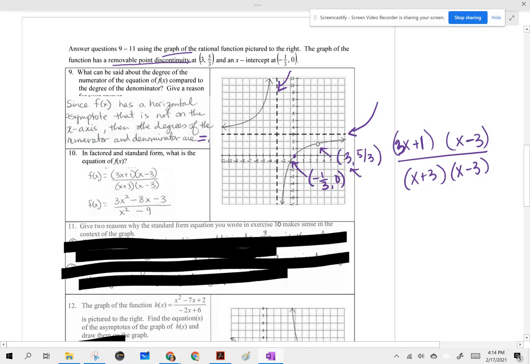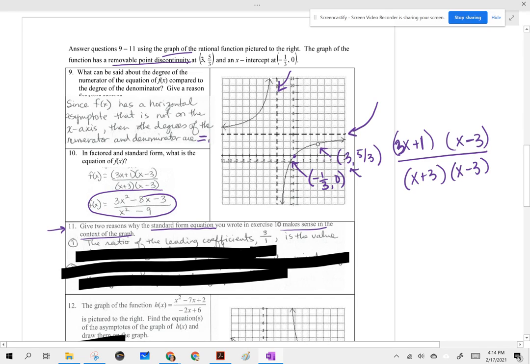Okay. Number 11, give 2 reasons why the standard form of the equation that we wrote in number 10, so this is standard, makes sense in the context of the graph. So what could we do to just make sure that we did that right? Let's take a look at one of the reasons. Well, the ratio of the leading coefficients, 3/1, would tell us the value of that horizontal asymptote, which is y equals 3.